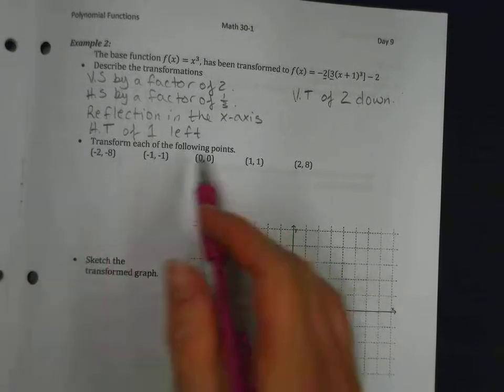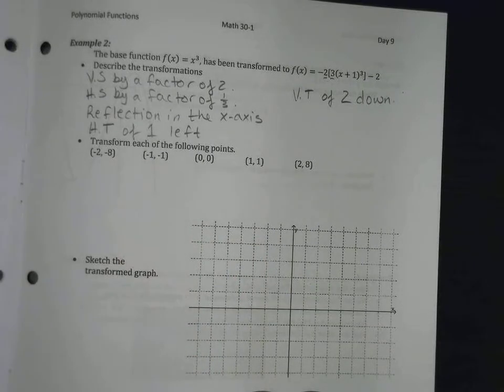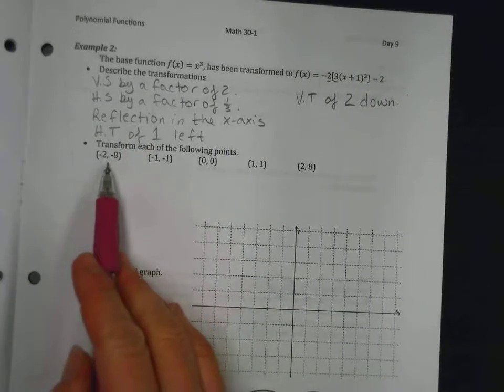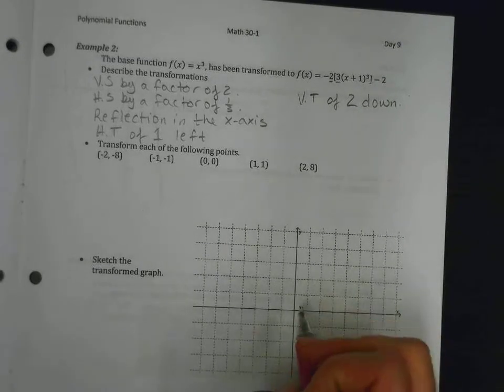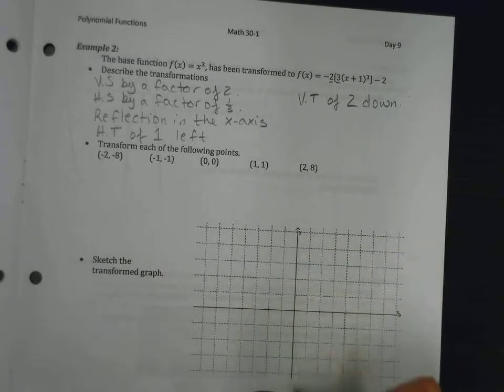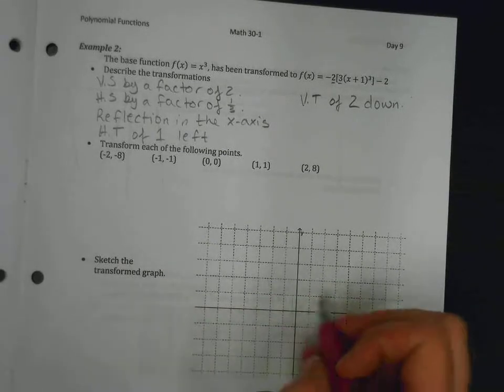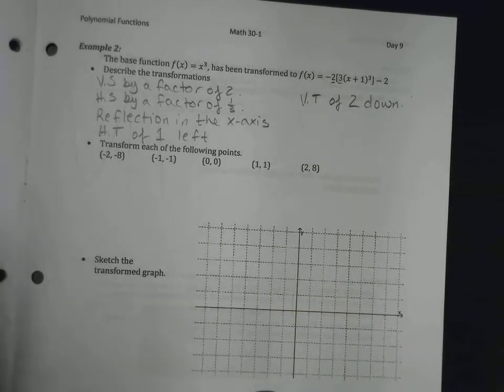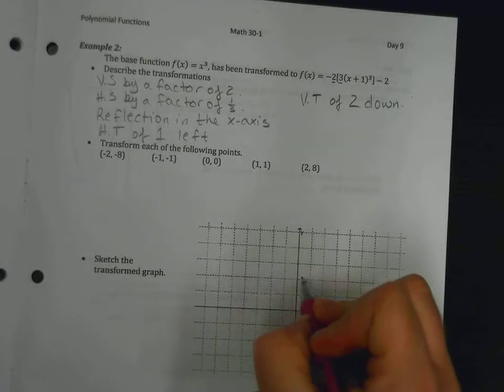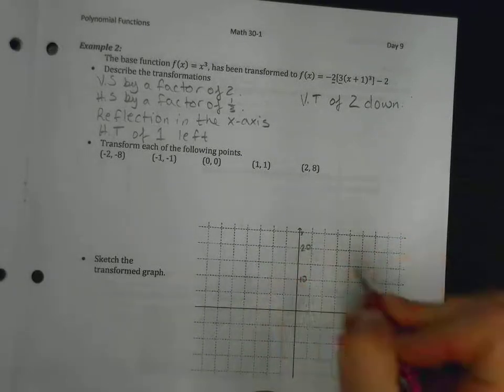Okay, so transform each of the following points, and then we're going to sketch the graph. These points should occur on your regular function, so let's just highlight them. I'm going to go up by 5s so I can work with these numbers nicely. So this is going to be 10, 20.